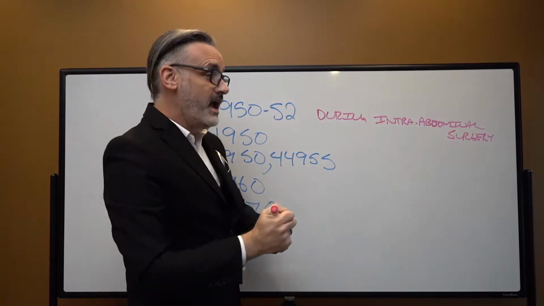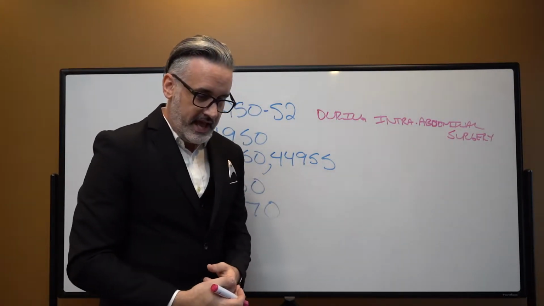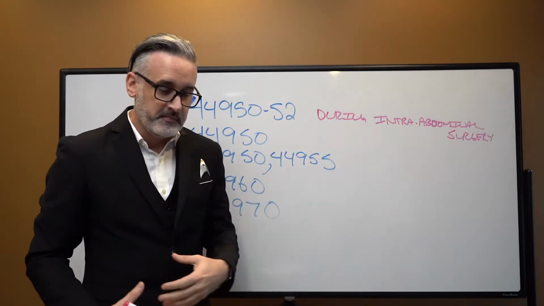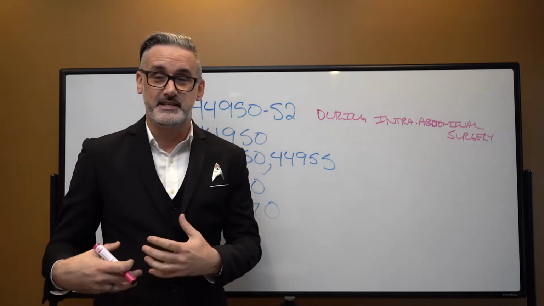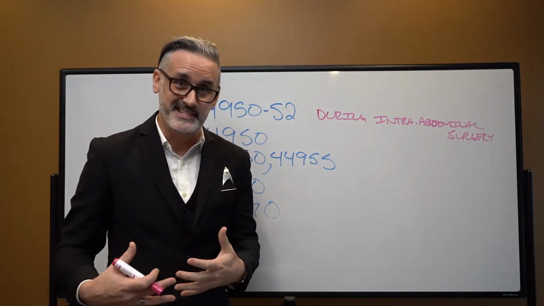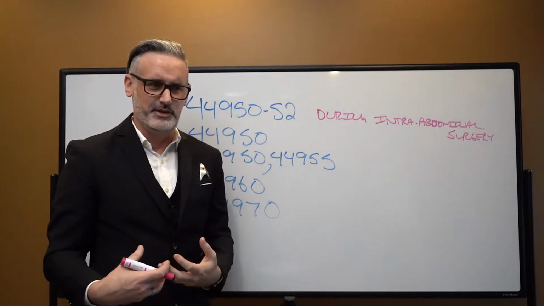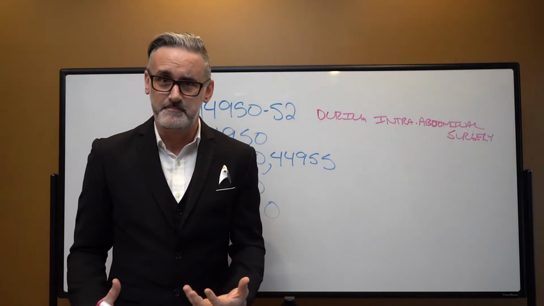So meaning, is there anything else that is going on? If you think about it, when we're looking at the documentation, if it's incidental, that'd be a case of the doctor does not know that the appendix is inflamed, appendicitis. They open up the abdomen and then they see it, and it's like, well, we're already here, and if it's inflamed, then might as well just go and take it out.